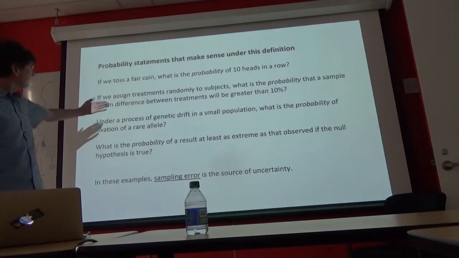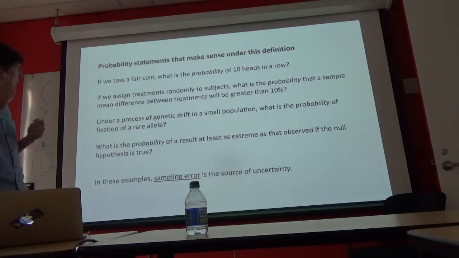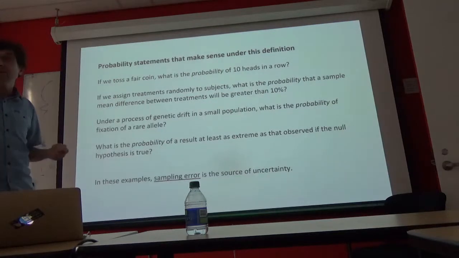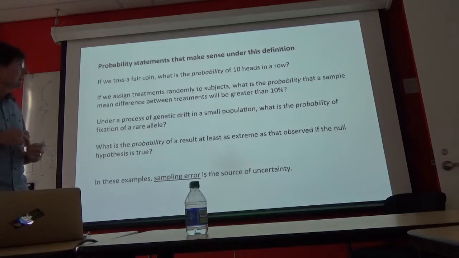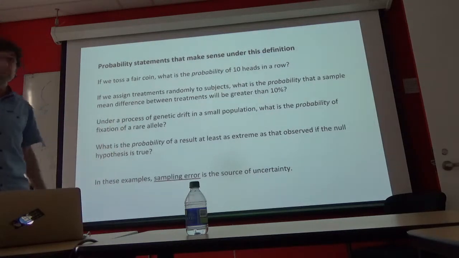A more complicated use of this concept of probability: if we assign treatments randomly to subjects, what's the probability that a sample mean difference between treatments will be greater than 10%? Those are the kinds of questions that we ask when we test null hypotheses or when we estimate confidence intervals. We can always phrase it in terms of biological problems as well.